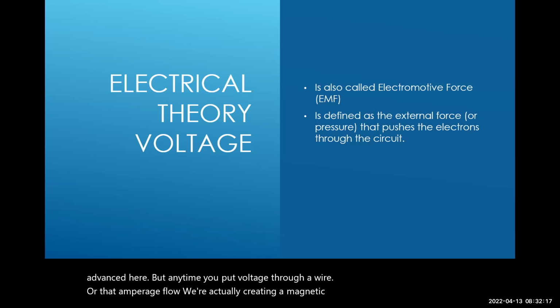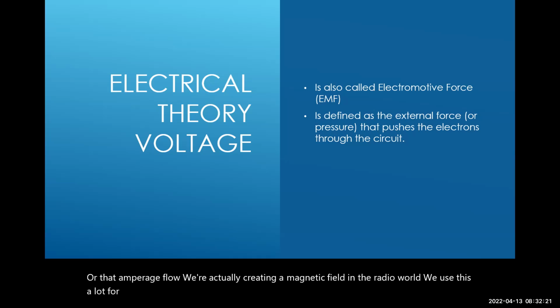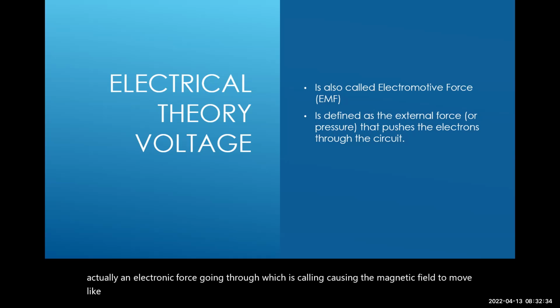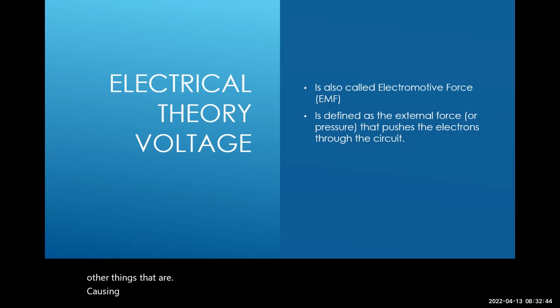In the radio world, we use this a lot for transmitting information. So you've got a little bit of an electromotive force going through the wire, which is causing the magnetic field to move like that. This is one of the things that we want to make sure you understand. We have other things that are causing pressure on this, causing that to actually flow through.